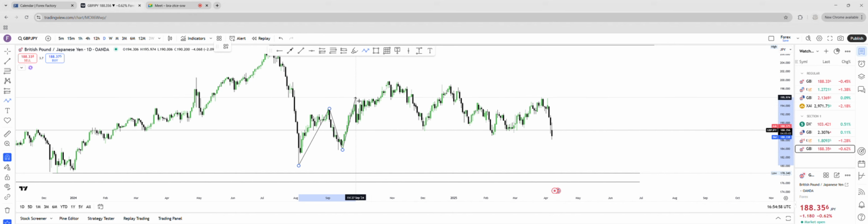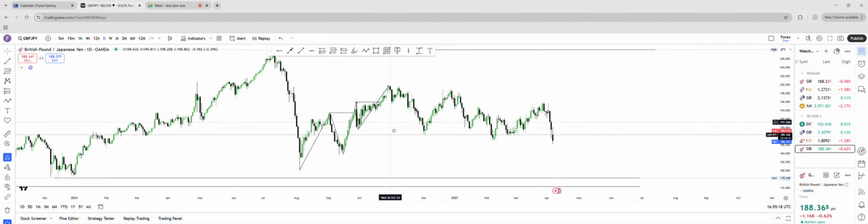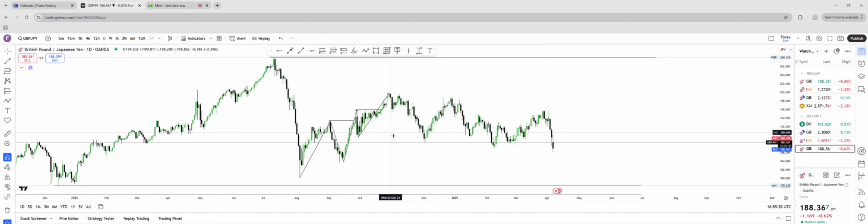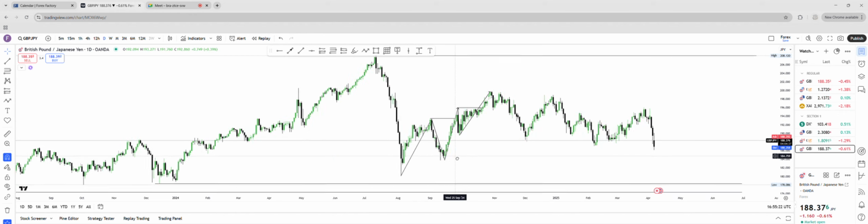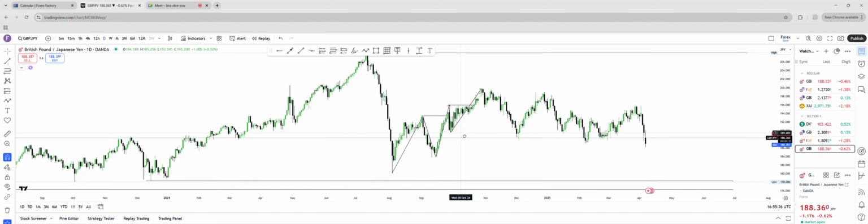We now created, I will just use this high as one. Let me see if we broke this area. Yes, we broke this. So we created this high and we created this low. Then before we created this high, it was somewhere around here that we broke this high. You understand? So what is the message I'm trying to tell you here?